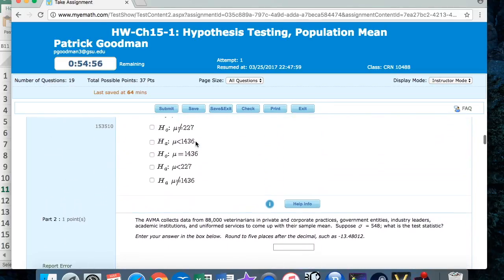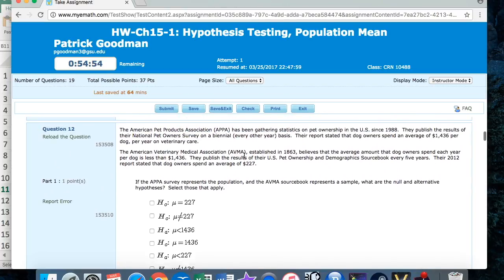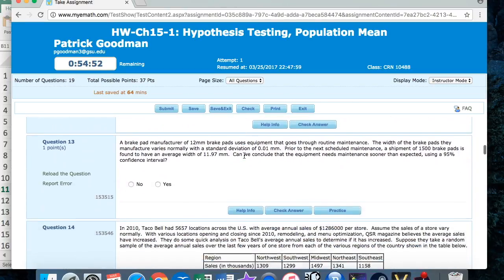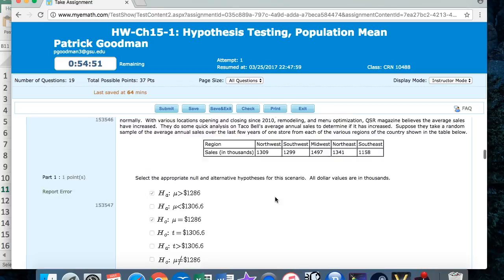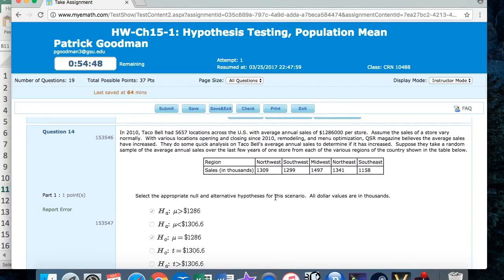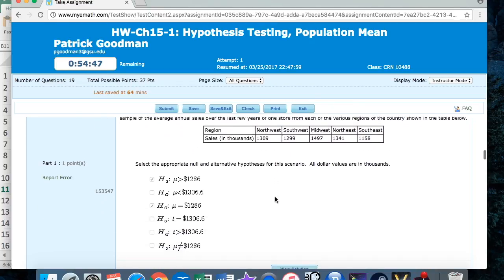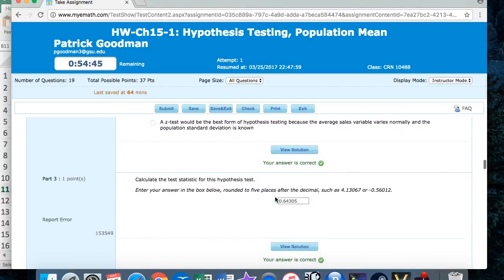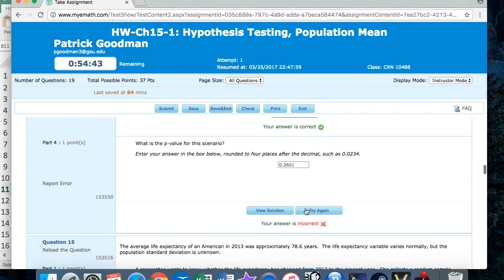Let's do, instead of this problem, another one further down. Let's do this one, because I think this one is actually using a t-test. Yeah, t-test. I accidentally used norm.dist, and you can't use norm.dist in a t-test.